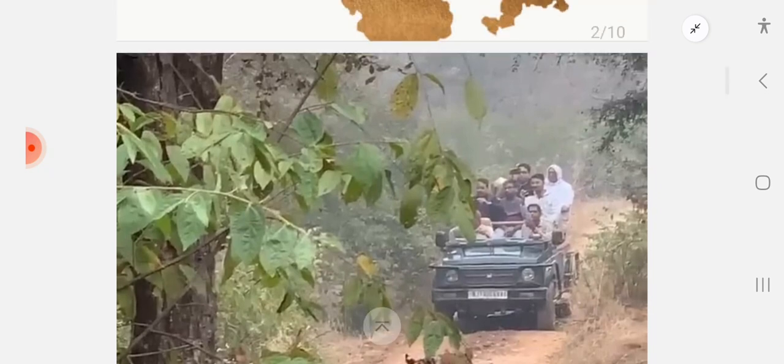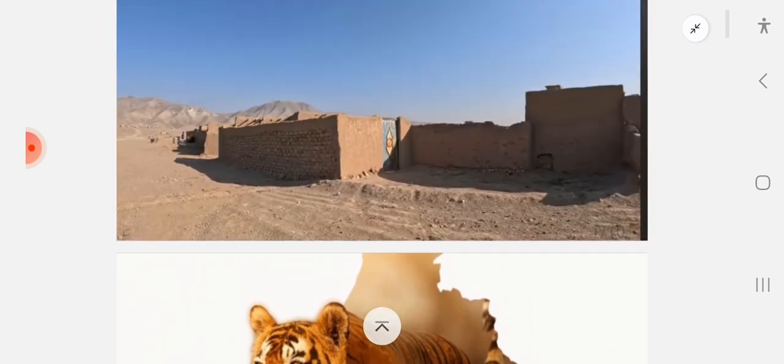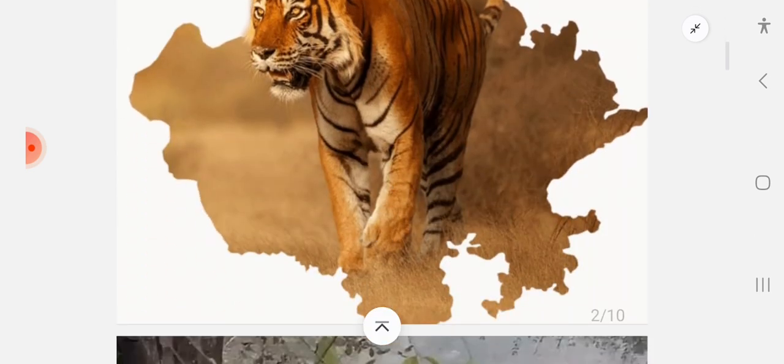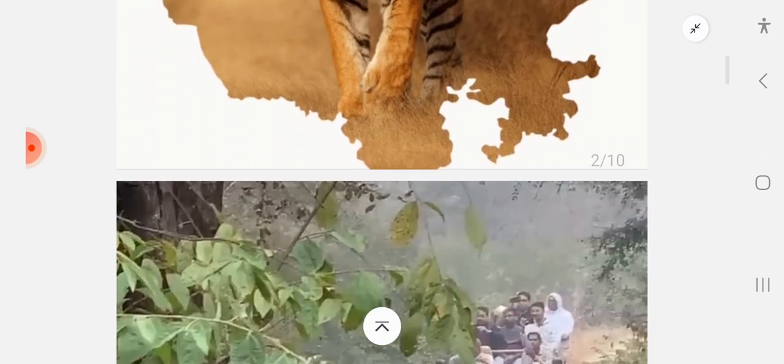Okay, so another river that flows through this national park is the Chambal River. The history of the river is that it generally divides Gujarat and Rajasthan.